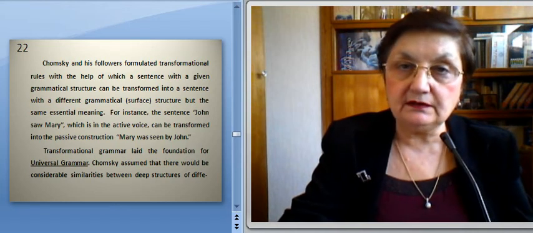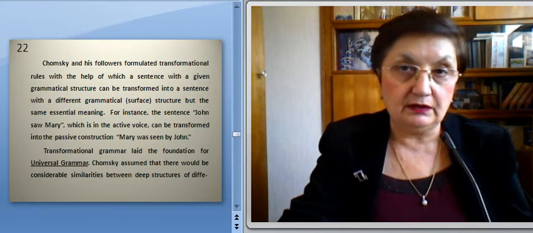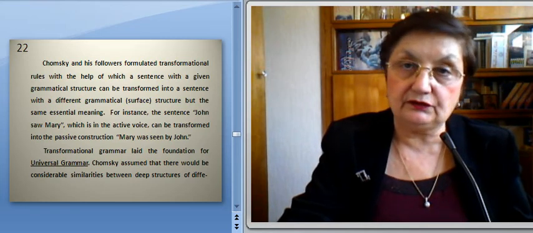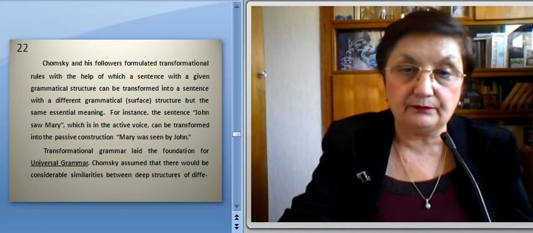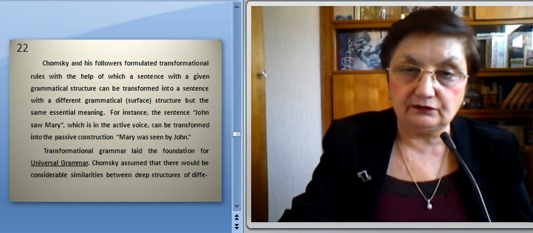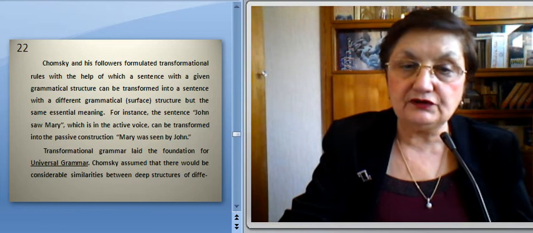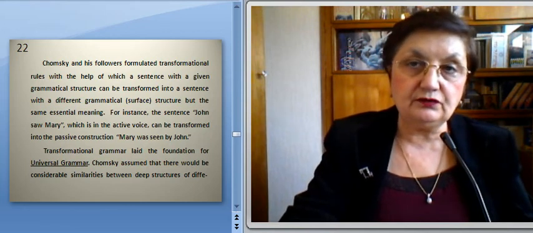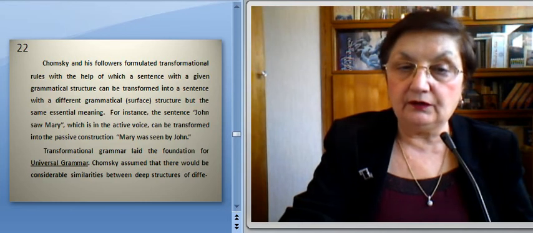Transformational grammar laid the foundation for universal grammar. Chomsky assumed that there would be considerable similarities between deep structures of different languages, and that these structures would reveal properties common to all languages.